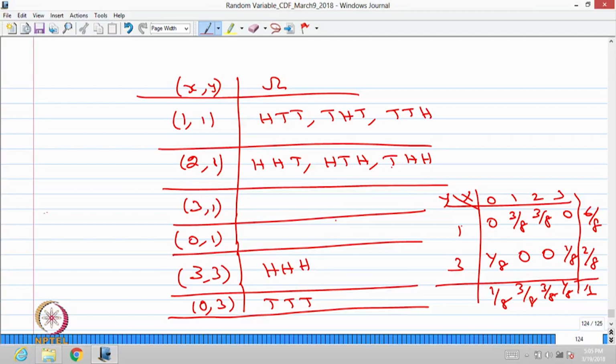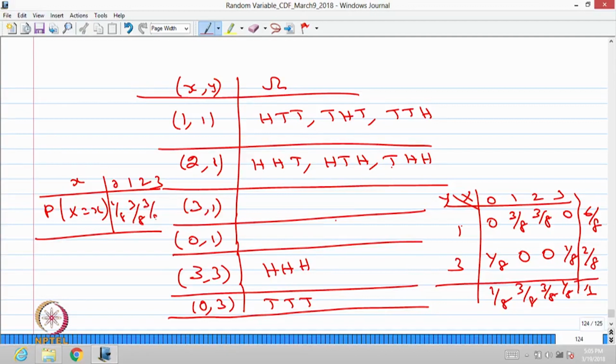That means the probability mass function of x, for different values of x, 0, 1, 2 and 3, is going to be 1 by 8 for 0, 3 by 8 for 1, 3 by 8 for 2, and 1 by 8 for 3.